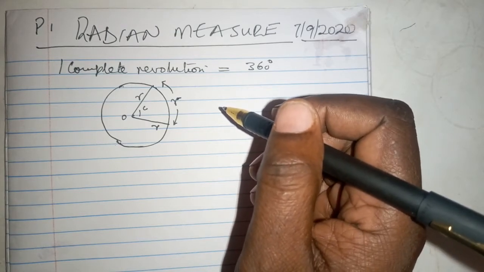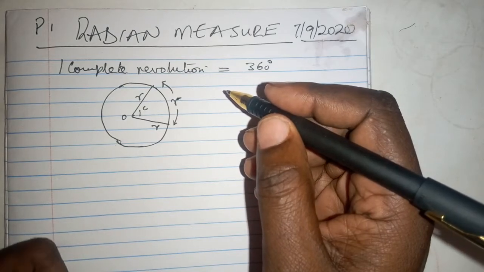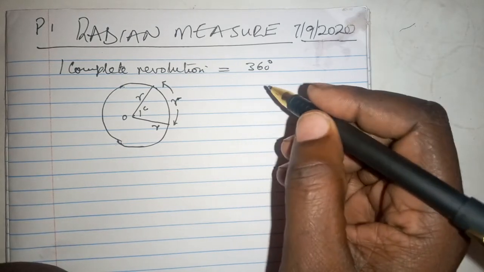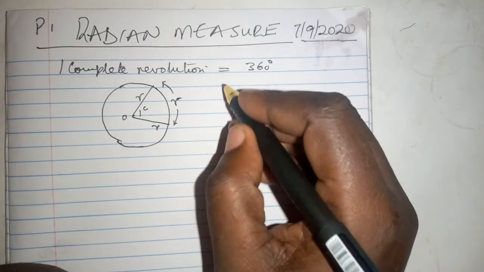Having said that, it is important to note the following: the circumference of the circle is 2 pi r.